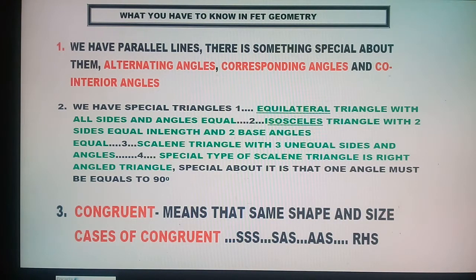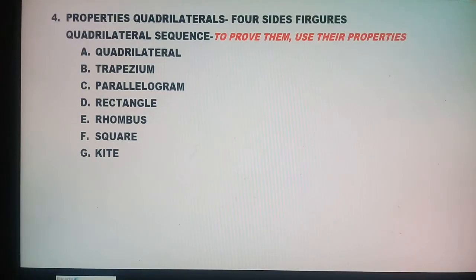We have to know these 3 things: parallel lines, triangles, and congruent. Okay, let us move on. Wow, how nice. And you have to know, number 4, the properties of quadrilaterals. We know quadrilaterals are 4-sided figures. You have to know the sequence and be able to prove them.